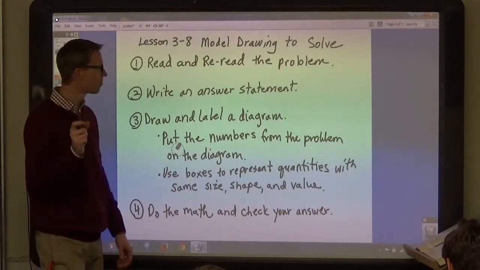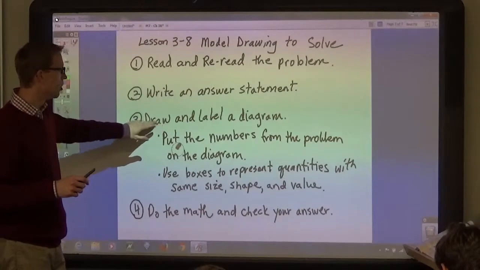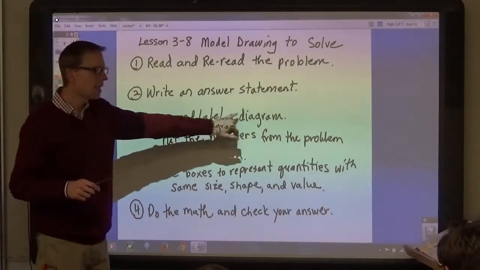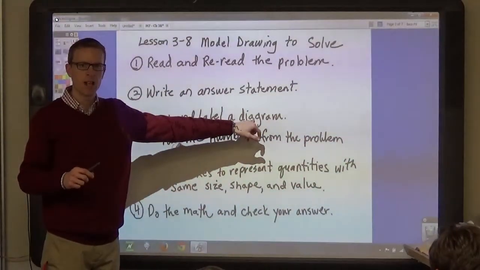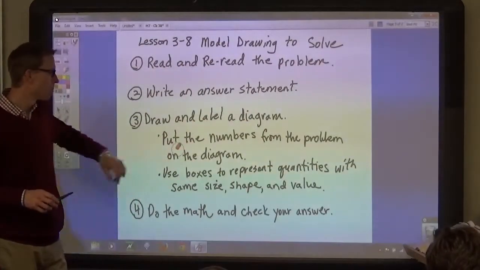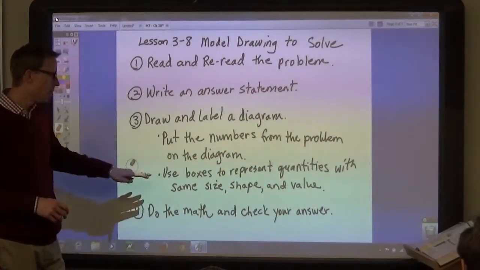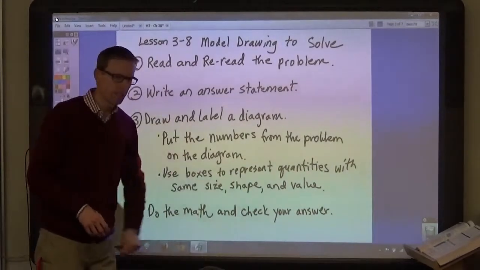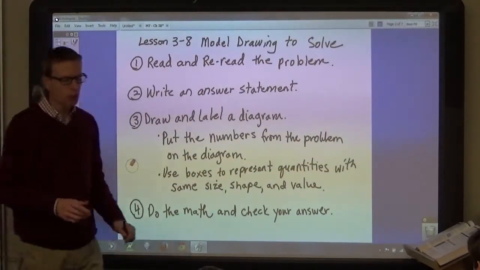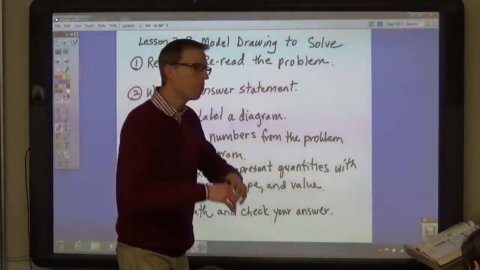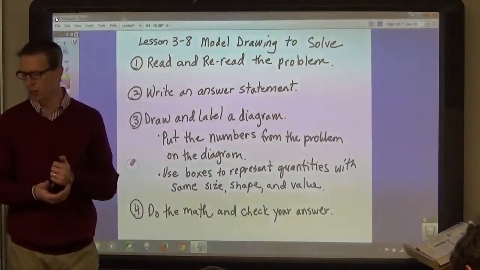Okay? Then draw and label a diagram. Now, sometimes your diagram works with putting numbers from the problem and using boxes to represent the quantities. Other times you have to draw a diagram that is just a picture of the type of problem that you're solving.